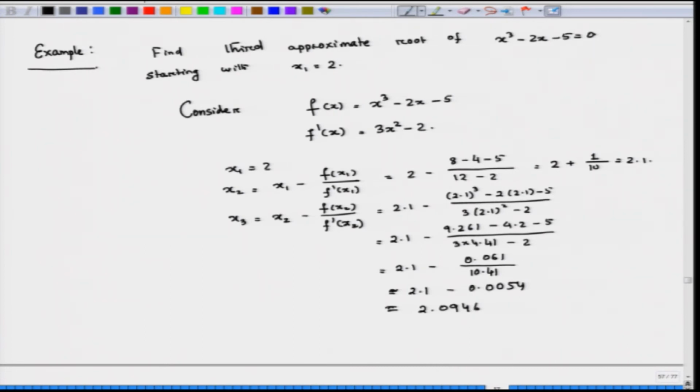In fact, if you find the root of this equation, then up to 4th degree this is correct. So, with the third approximation we could reach up to the correct place up to 4th degree. So, the error term would be 0.0000 and something, 4 zeros and something.